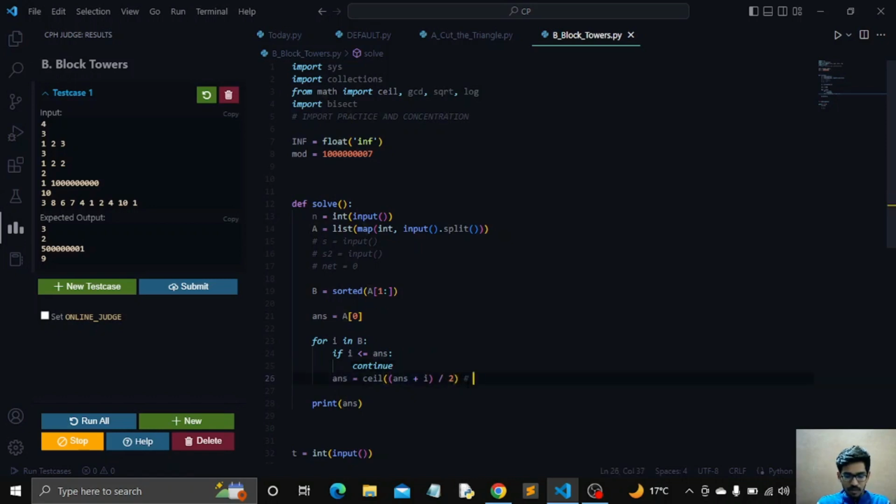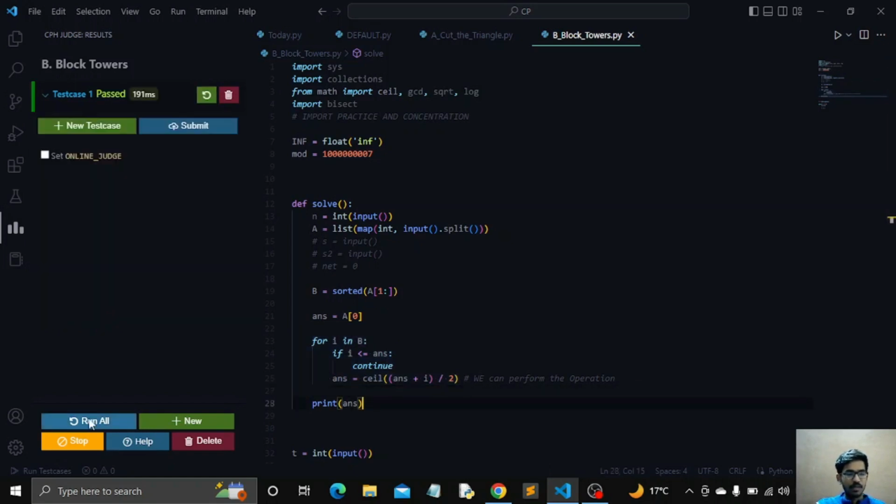And we are going to calculate the updated height as we already discussed. This was the formula to find the updated height of the first tower. And after traversing through all the heights of the towers, we are going to print our answer.